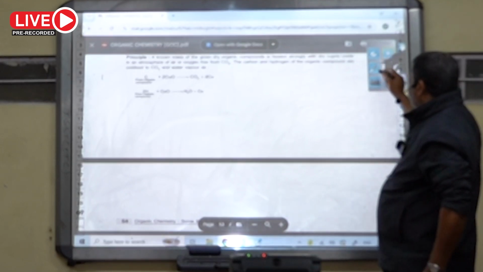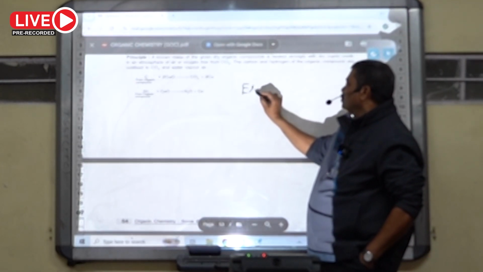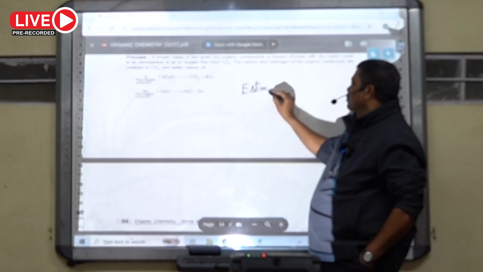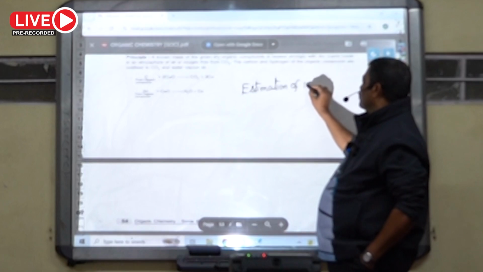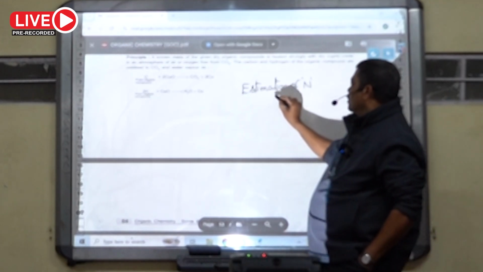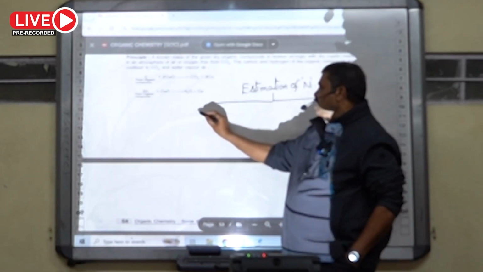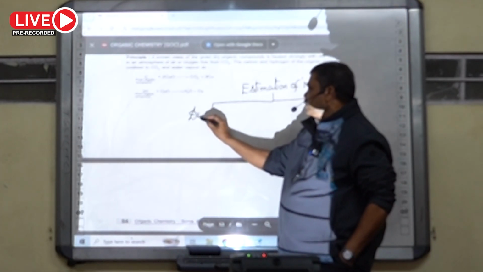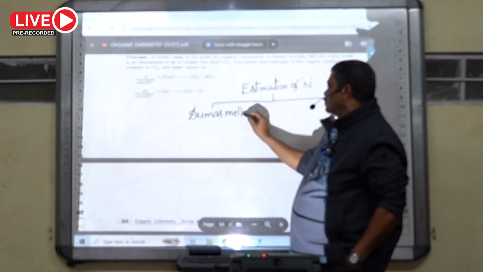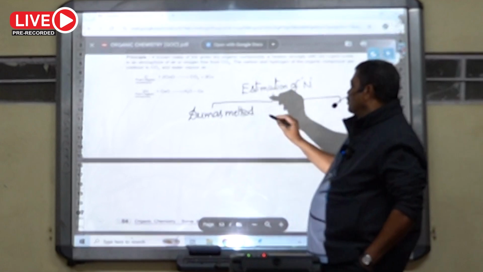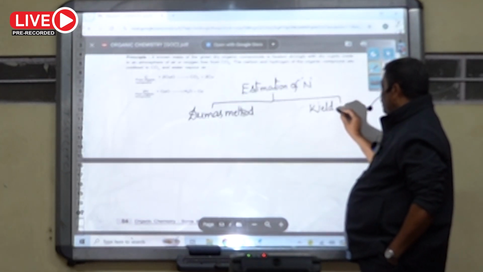So in the estimation of nitrogen, we have two methods. One is called Dumas method. The next method is Kjeldahl's method.